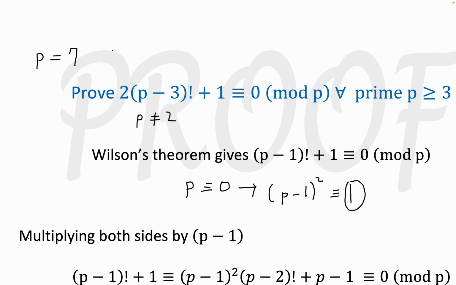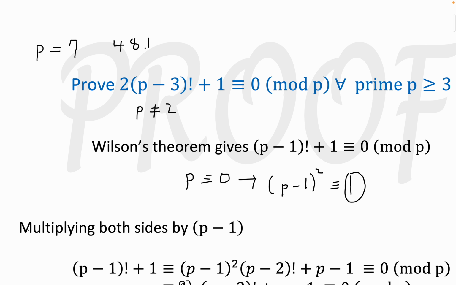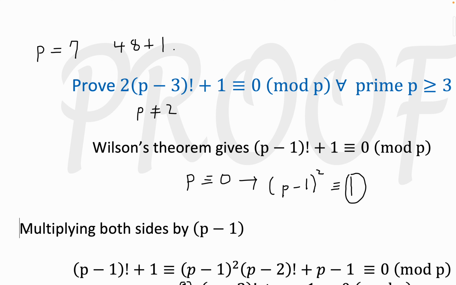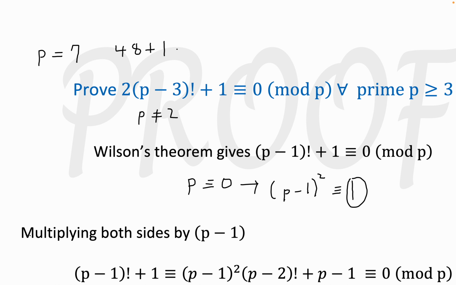So this would become 48 plus 1, which is certainly equal to 49, isn't it? Which is certainly congruent to 0 mod 7.